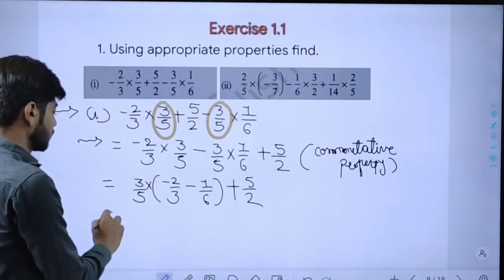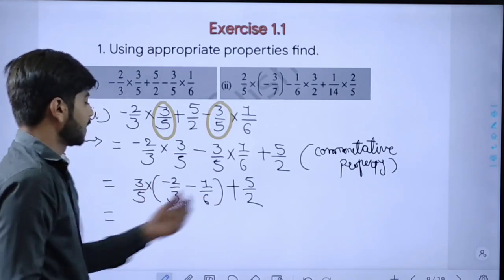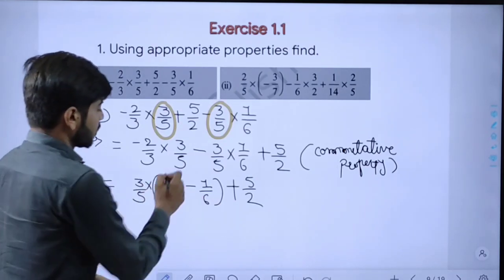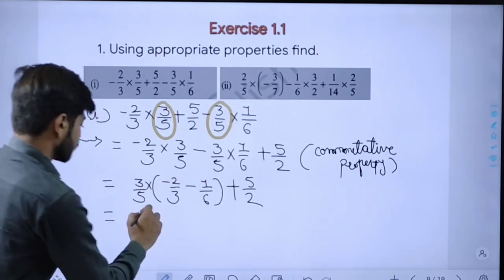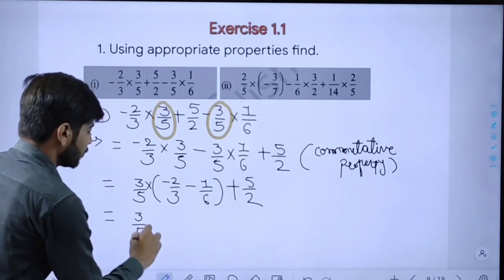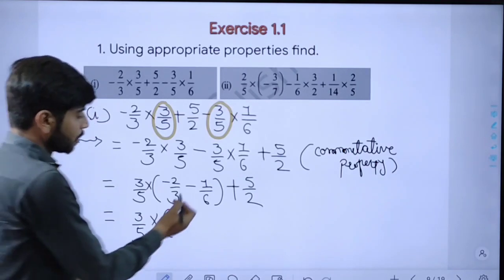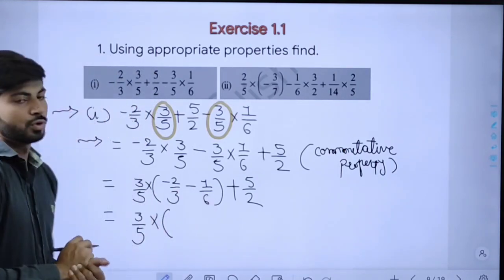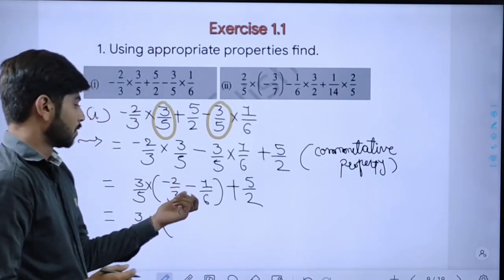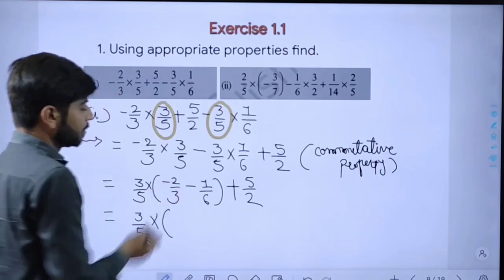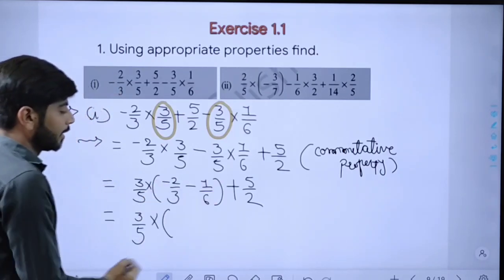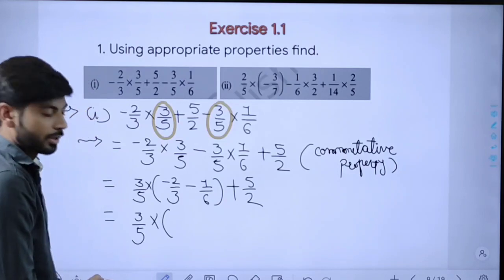Now we will add these two numbers. It is subtraction, so we will put 3 upon 5 multiply. Now the addition of two fractions, we know that we will cross multiply this, and then we will multiply the denominators.